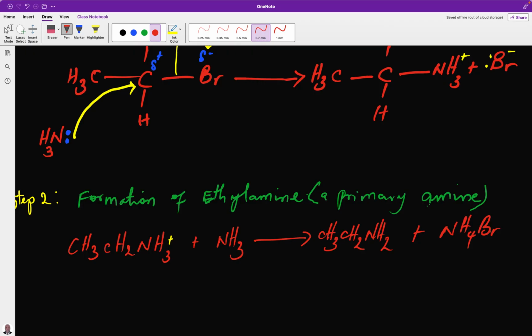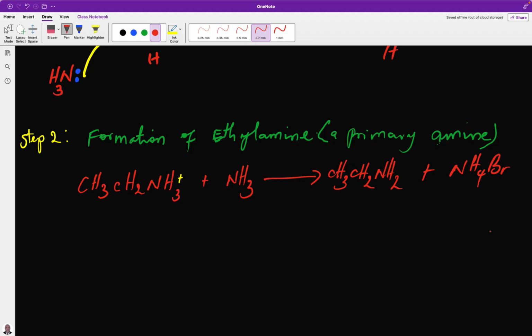How the mechanism goes. It will be like this: CH3CH2NH2.